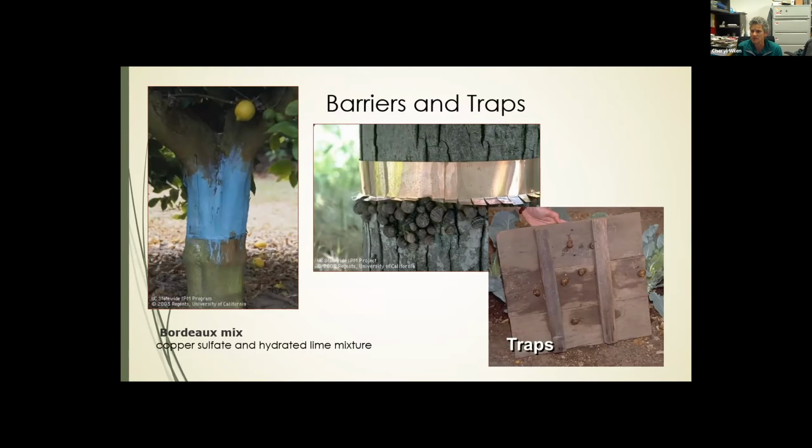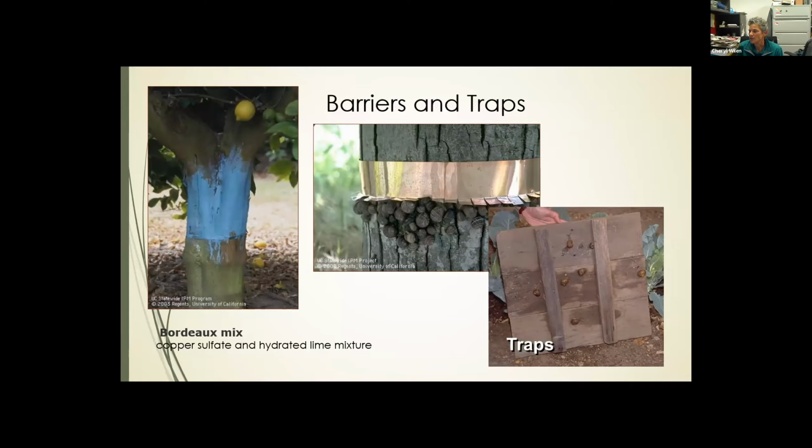The other thing I'm sure a lot of you have seen is the use of copper barriers. If you've got a large number of trees or other things that you're trying to protect, that gets kind of problematic. It's hundreds of these bands that you would have to put on, and it's also very helpful if you frill it somewhat around the trunk to also act as a deterrent for the snails moving up the tree.